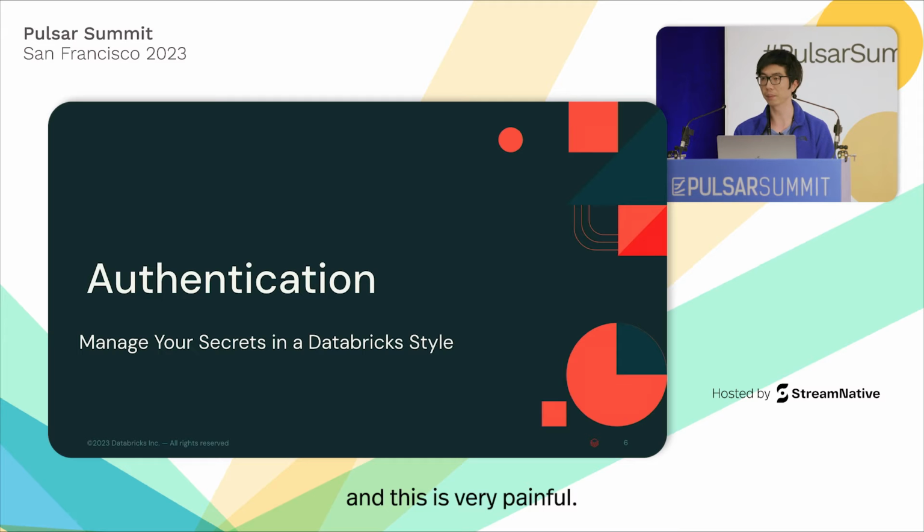And this is very painful, and it is also not very secure if you are running in an environment, for example, that is multi-tenant. So we recommend you to manage your secrets in a Databricks style and do your authentication in a Databricks style, which is simpler, yet more secure and more powerful.